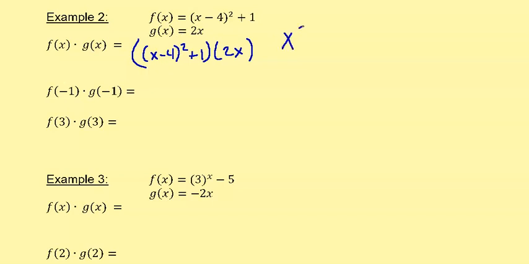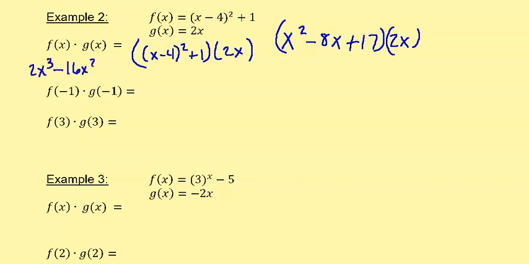You get x squared minus 8x plus 16, which if you add 1, that'd be 17. Now we're going to multiply it by 2x. So our simplified expression here would be 2x cubed minus 16x squared plus 34x.